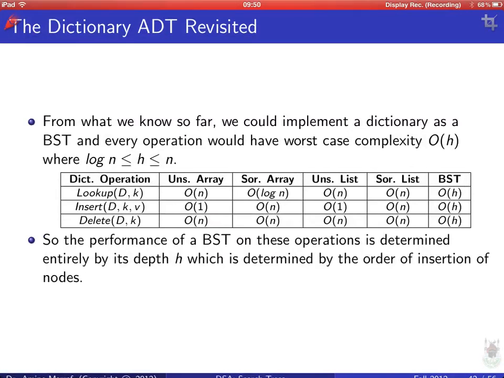Well, we can use the techniques that we have seen in quicksort before. We can choose an element at random. Okay, so we have a dictionary of elements, let's say with keys 1, 2, 3, 4, 5, and what we can do is choose one element at random.